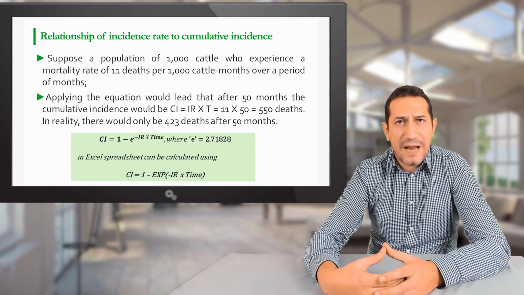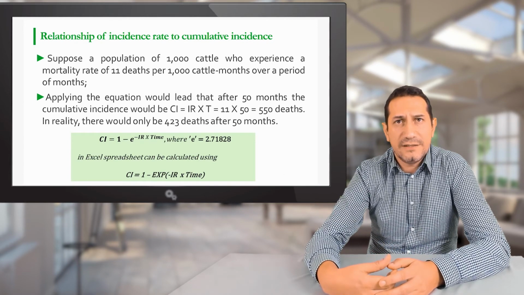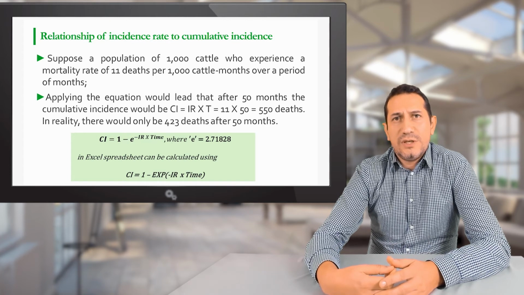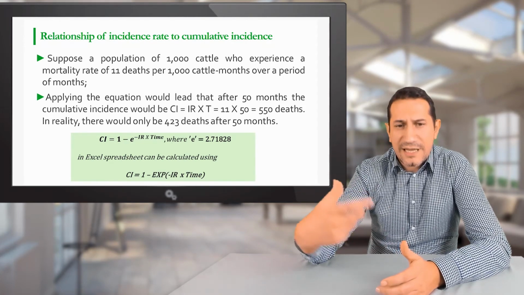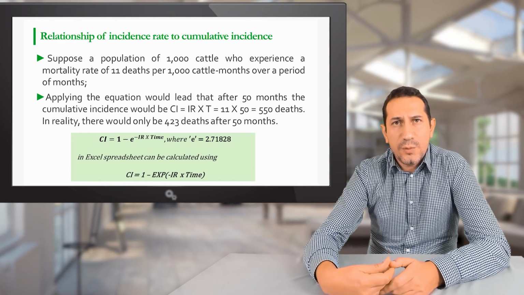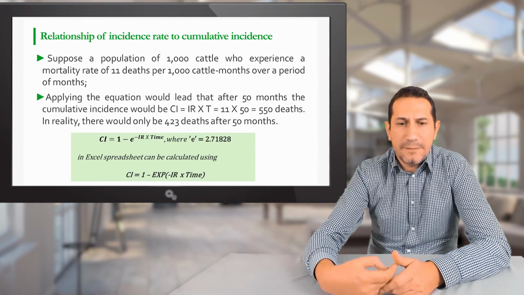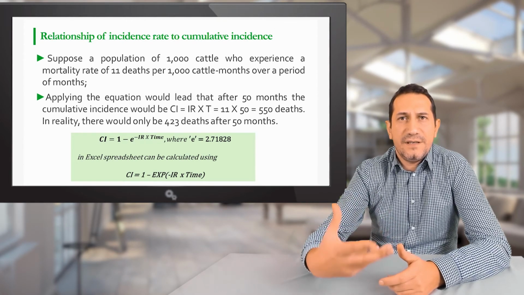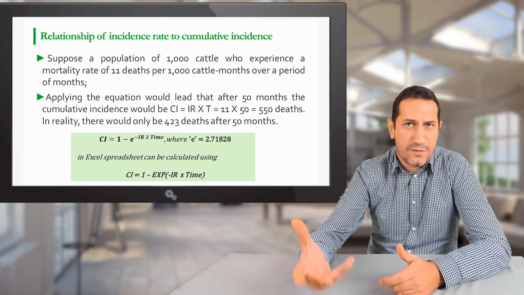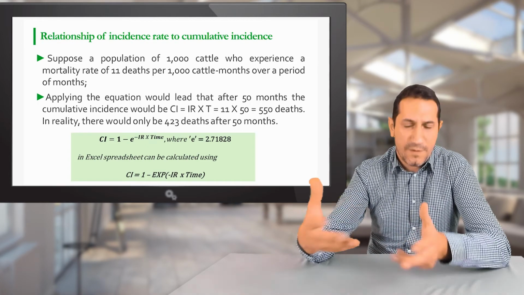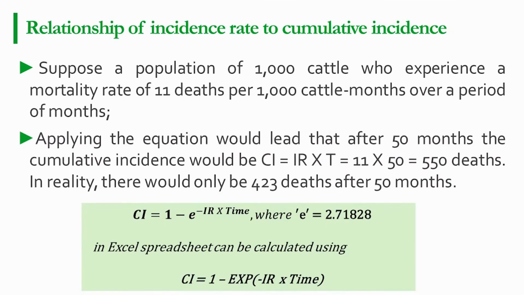And applying the equation that we had, we would calculate that after 15 months, the cumulative incidence would be 550 deaths from this disease. But in reality, there would be only 423 deaths after 50 months.